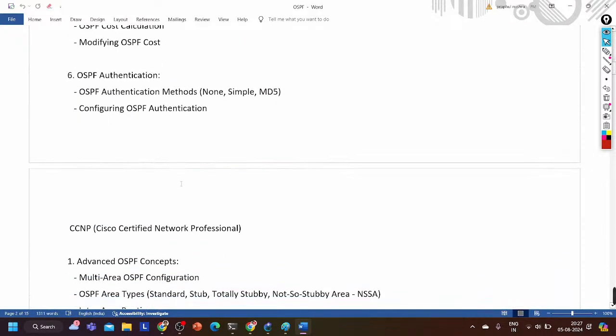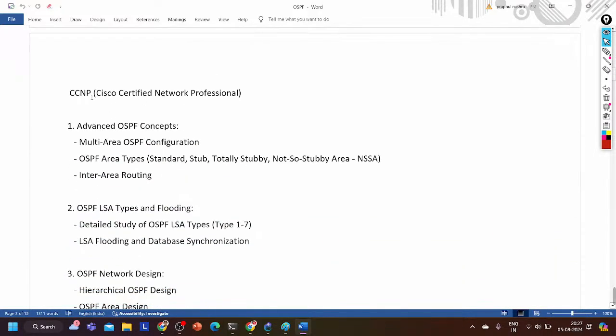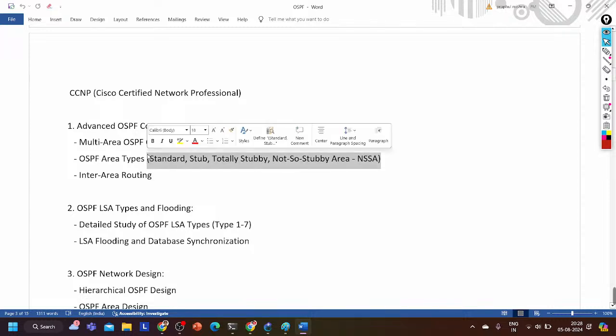Then see some advanced topics of OSPF, like OSPF in CCNP. In CCNP you are going to learn advanced OSPF concepts like multi-area configuration, OSPF area types: standard area, stub area, totally stubby, and not-so-stubby area, NSSA. So these are area types in OSPF.